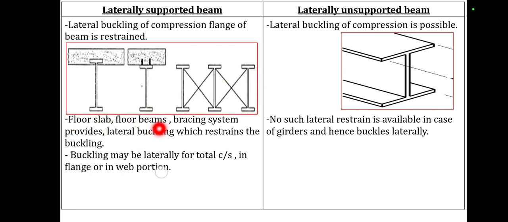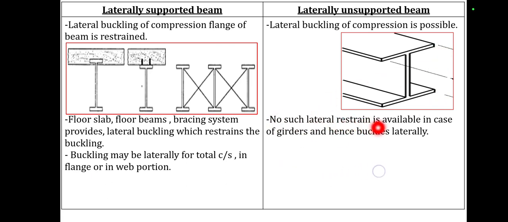The floor slab and beam bracing system provides lateral restraint, which restrains the buckling of the section. Then the buckling may be lateral for the total cross section in the case of flange or in the web portion. The laterally unsupported beam: lateral buckling of the compression flange is possible.